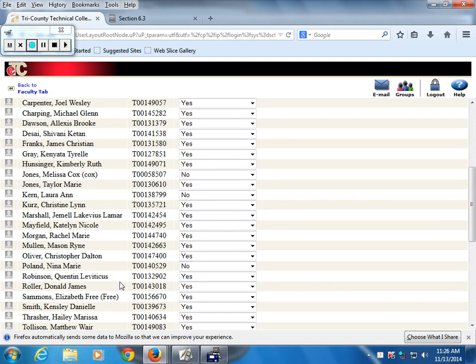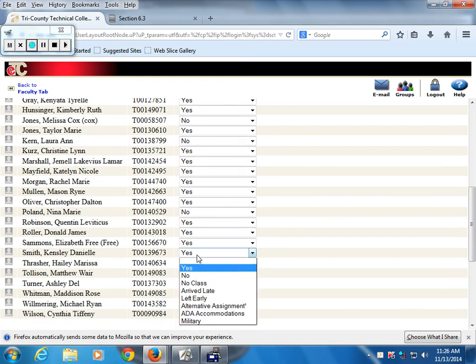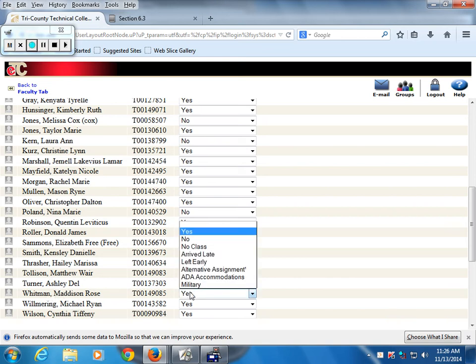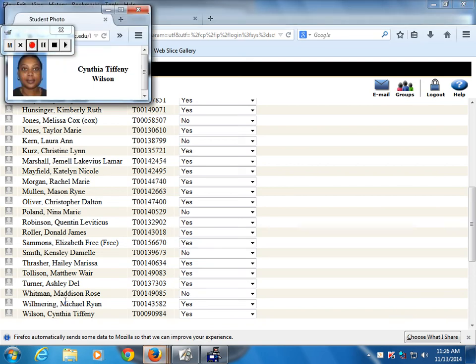She's gone out of town. Robinson is here. Roller. There you are. Salmon. Smith. Thrasher, Tollison, Turner, Whitman, Wilmerine is here, and Wilson is here.